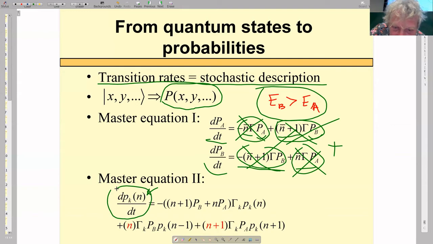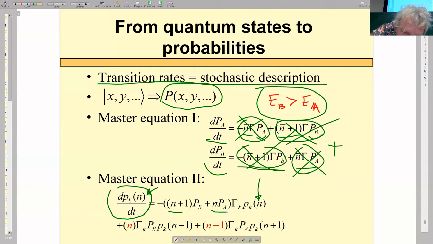Let us see, we are in the state with n now. What are the processes to get the system from this state to any other state? Absorption and emission both work, right? What's the absorption rate? Probability to be in the state A times number of photons.